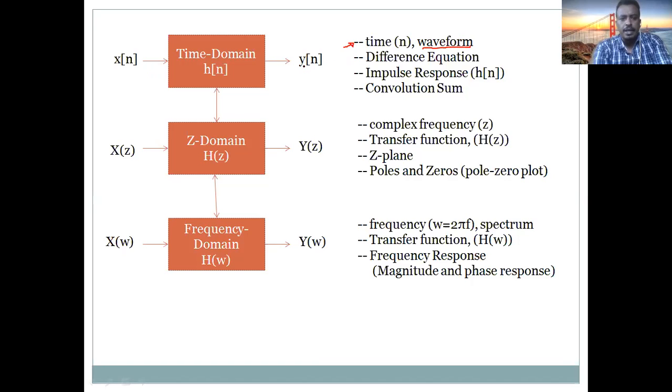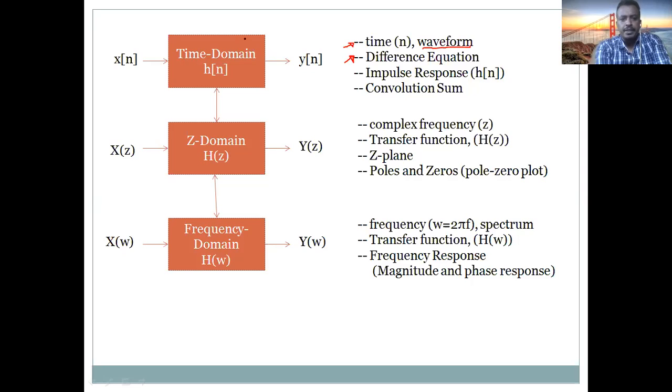Here, in time domain representation of discrete time signals, the equation, the mathematical modeling of these systems, which relates input and output, we call it difference equation. It's called difference equation, mathematical modeling of discrete time systems in time domain representation.